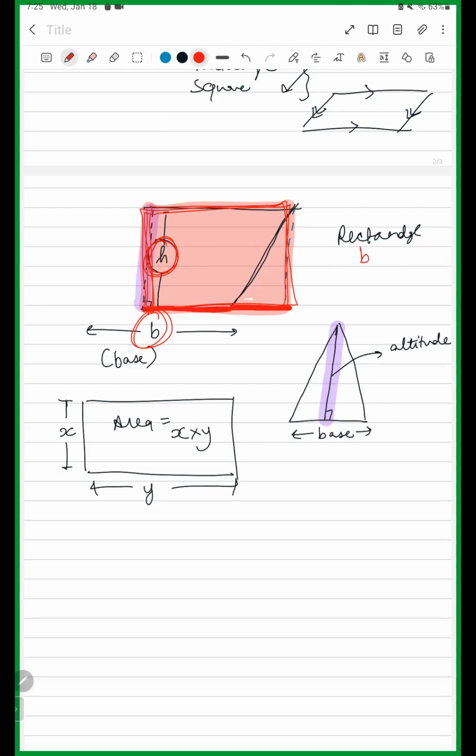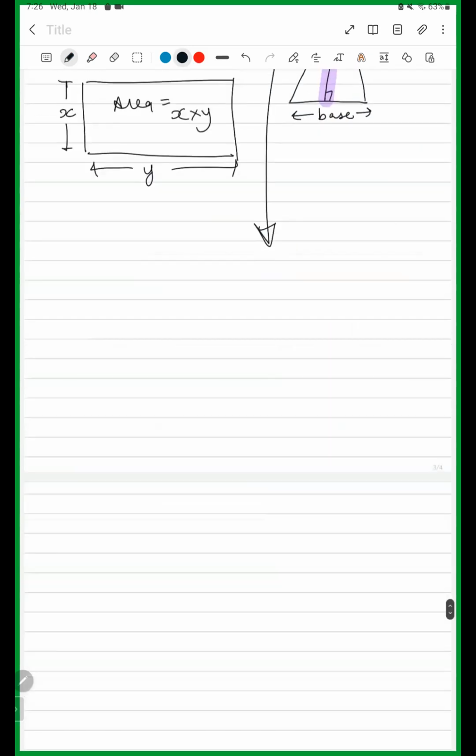So हमने क्या किया है? We just shifted this portion to fit it inside itself so that we can find the area. So असल में ये चीज थी क्या? This was a parallelogram, right? So here this is how you get the area of a parallelogram to be base into height. Okay.